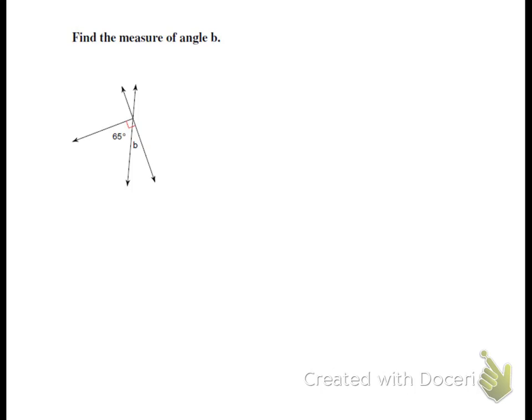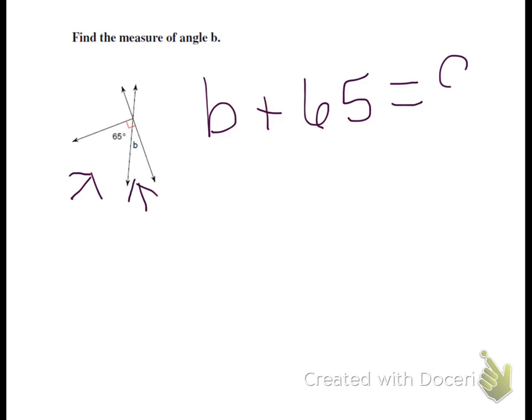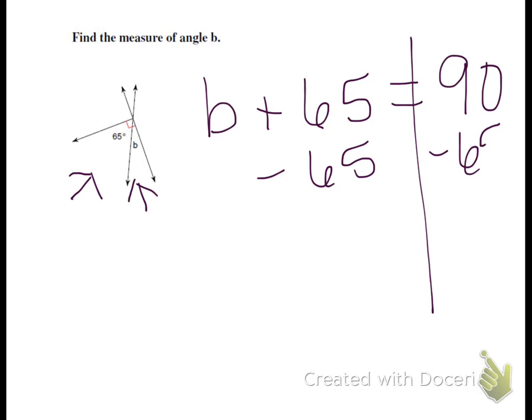So let's look at finding the missing angle measure. So I know that these two angles added up together equal 90 degrees. So I can set up an equation to find what the measure of angle B is. So B plus 65 must equal 90 degrees. I can subtract 65 from both sides, left side, right side.